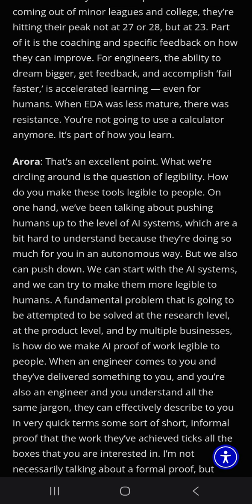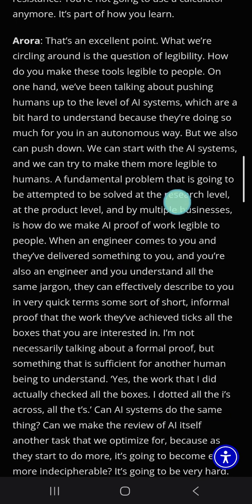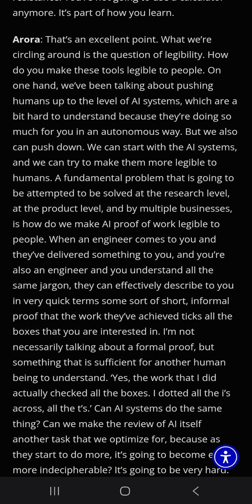A fundamental problem that is going to be attempted at the product level by multiple businesses is: how do we make an AI's proof of work legible to people? When an engineer delivers something to you, and you are an engineer who understands the same jargon, they can effectively describe to you in quick terms, and form proof, that the work they've achieved ticks all the boxes you're interested in.